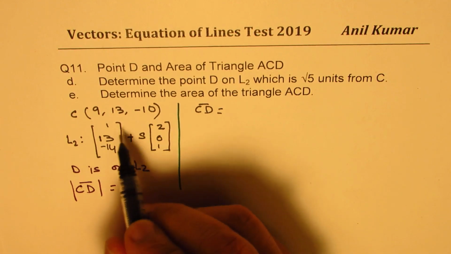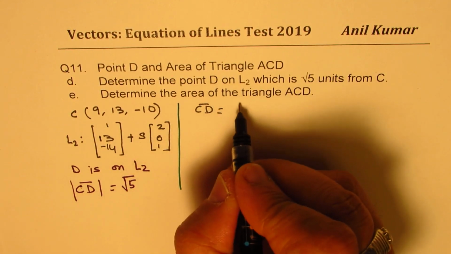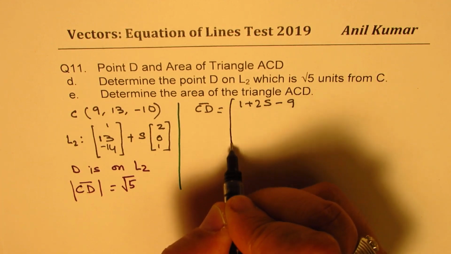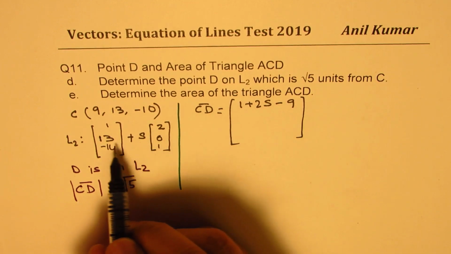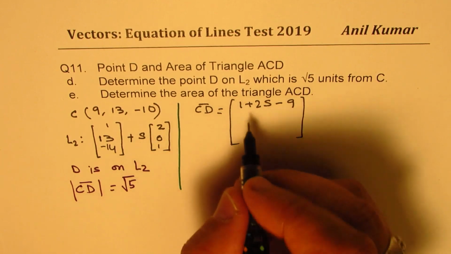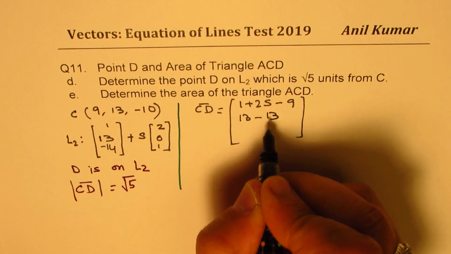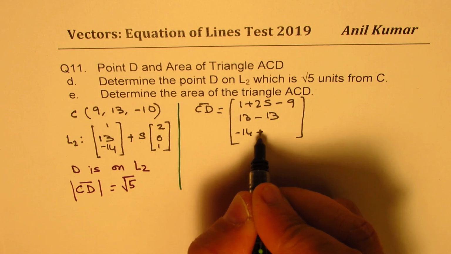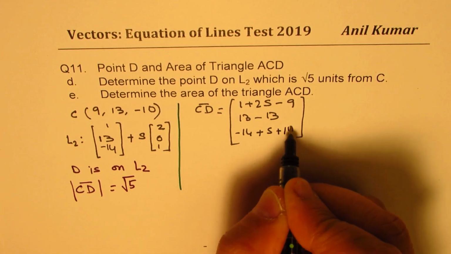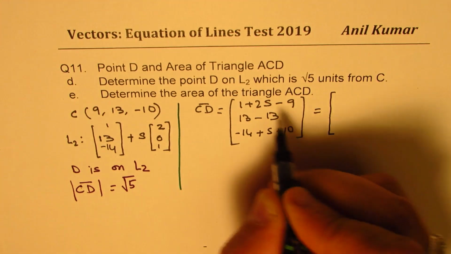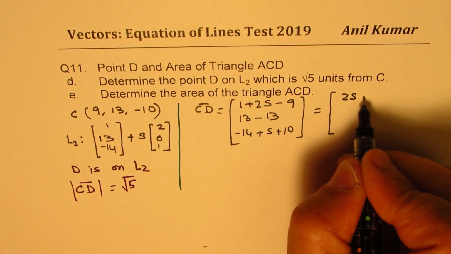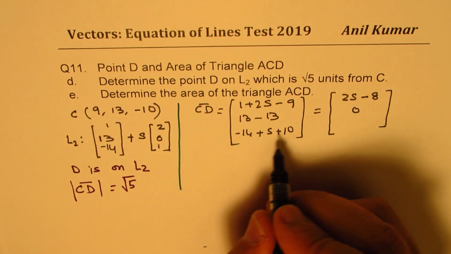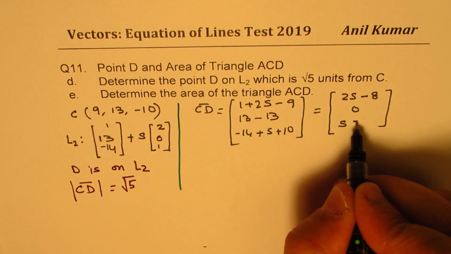Any general point on L2 gives CD as 1 plus 2s minus 9, then 13 plus 0s minus 13, and then minus 14 plus s, minus minus 10 becomes plus 10. So CD is 2s minus 8, 0, and s minus 4.